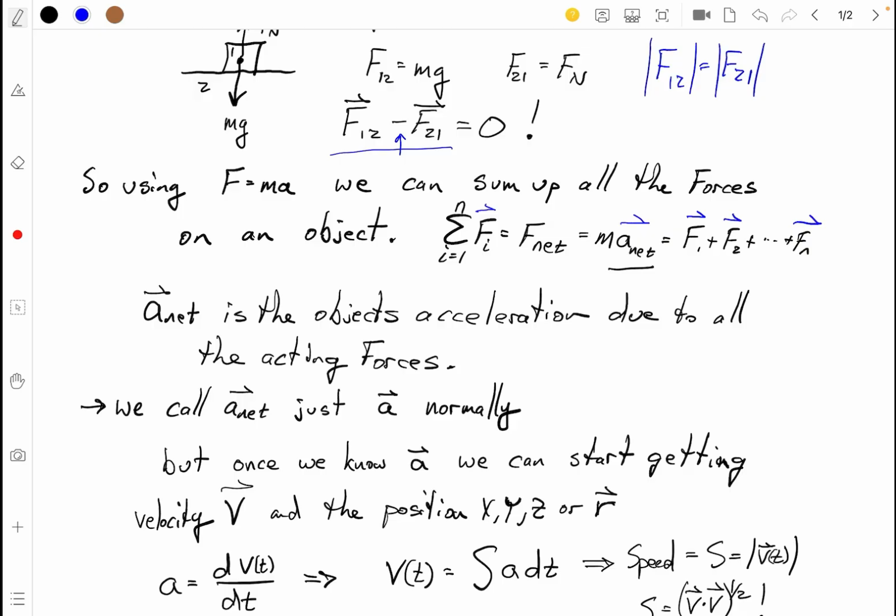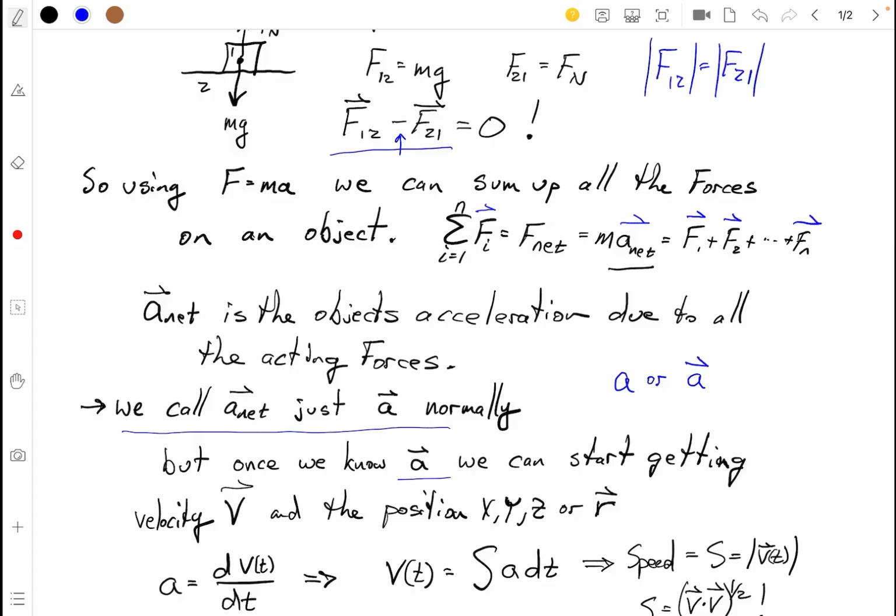A net is the object's acceleration due to all of those acting forces. If you take one out, A net is going to change. Typically, we call A net just A, or A vector, whatever.